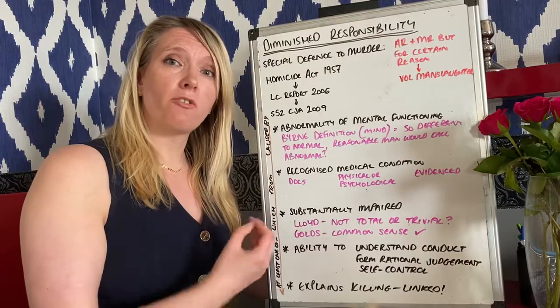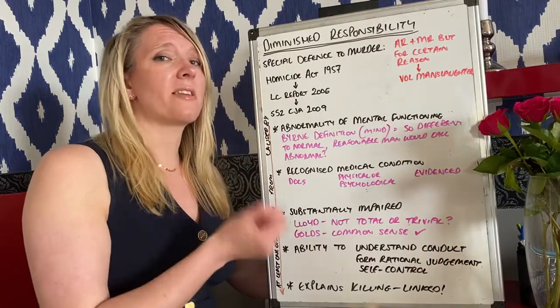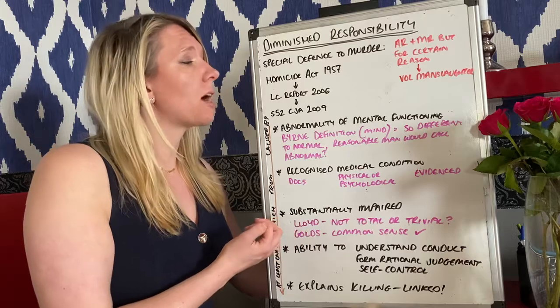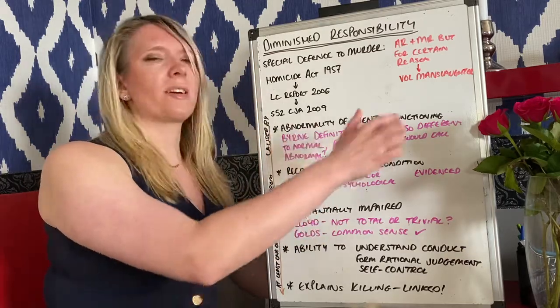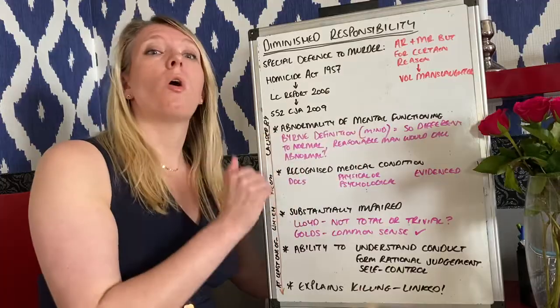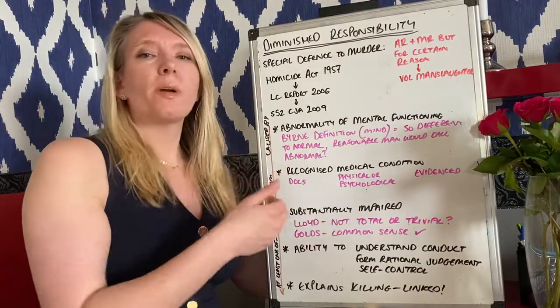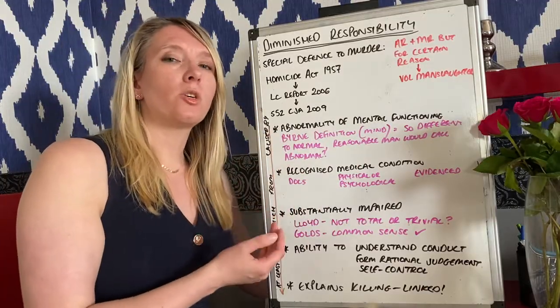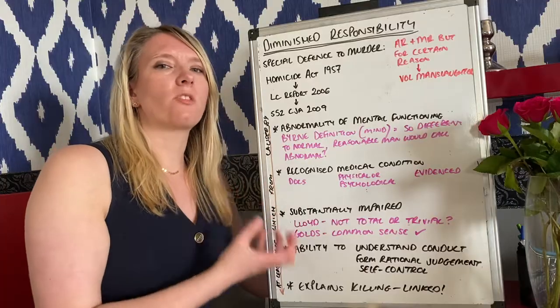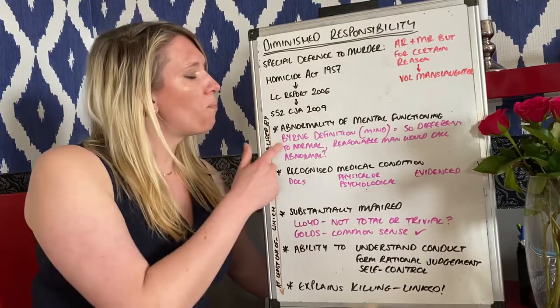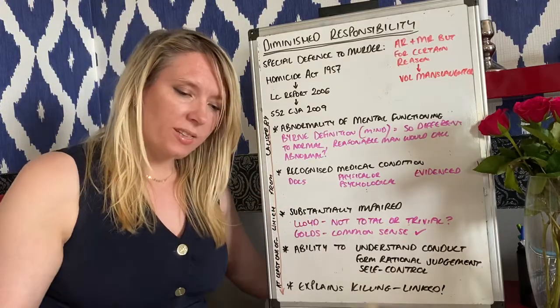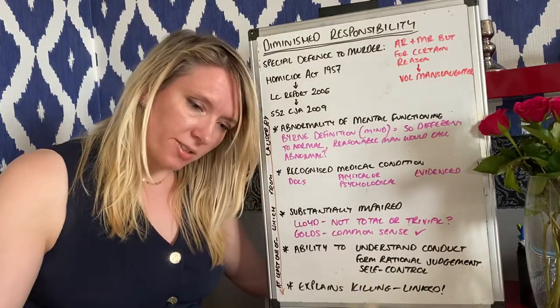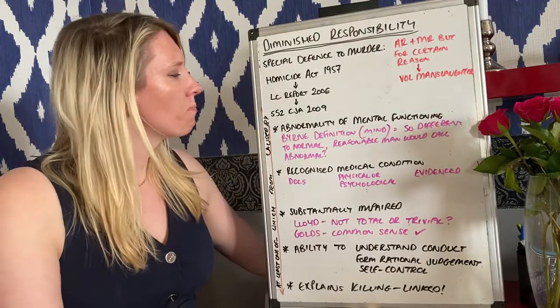How does the jury, and remember it's the jury that will decide if they had diminished responsibility at the time. Remember, diminished means less than normal. So we're showing that their mental functioning was not normal. So although we've changed the terminology, we do still use the sort of questioning, the reasoning from the case of Byrne, which was before the Coroners and Justice Act, which was in, I'm terrible with my years, 1960.